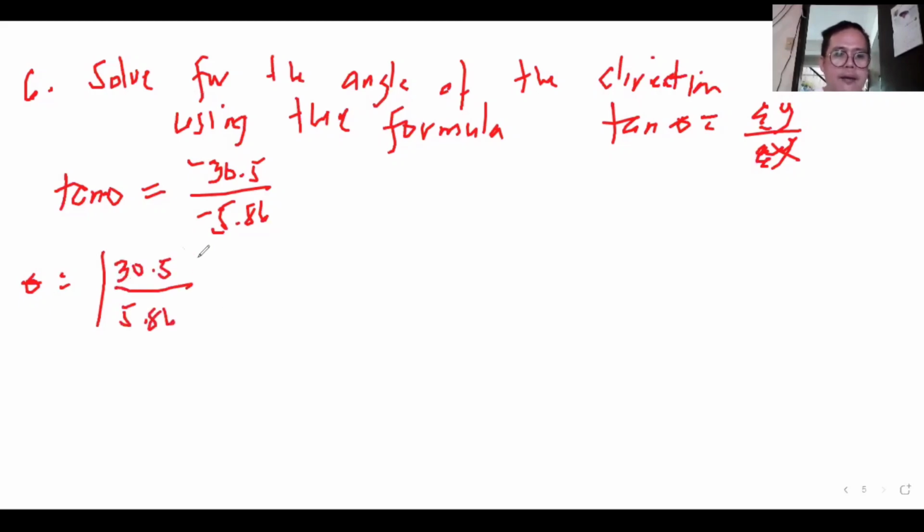Theta equals tangent inverse of 30.5 divided by 5.86, using the second function tangent, and that is 79 degrees. So that will be your angle theta.